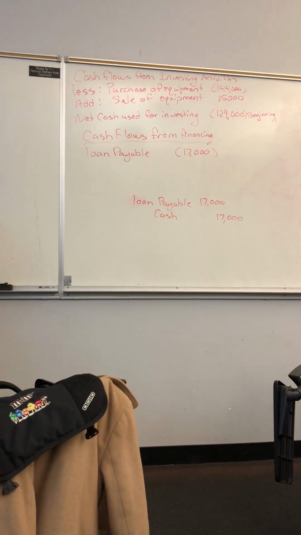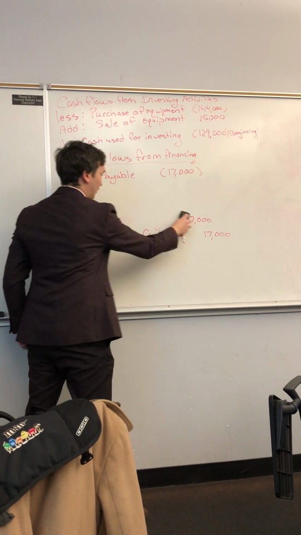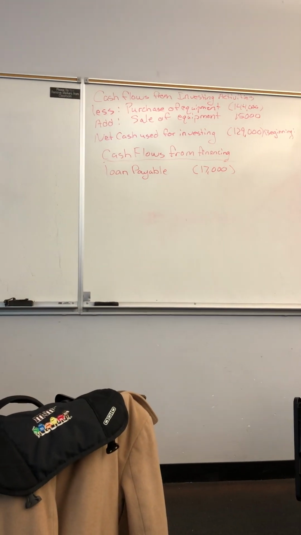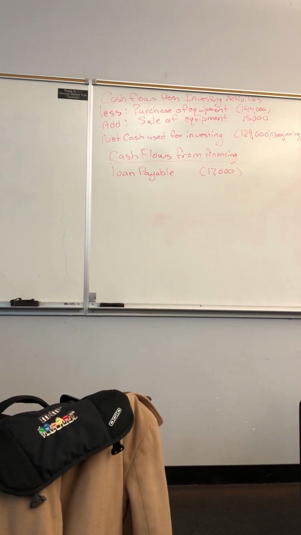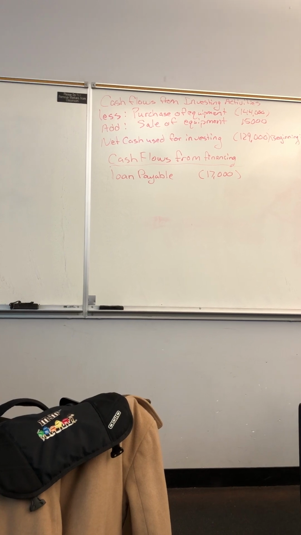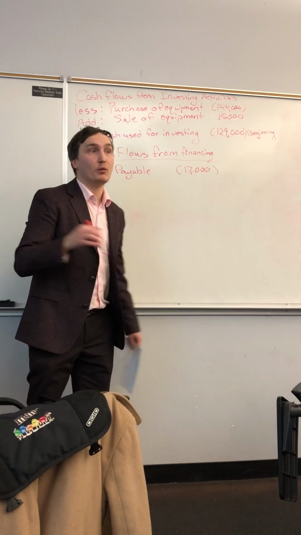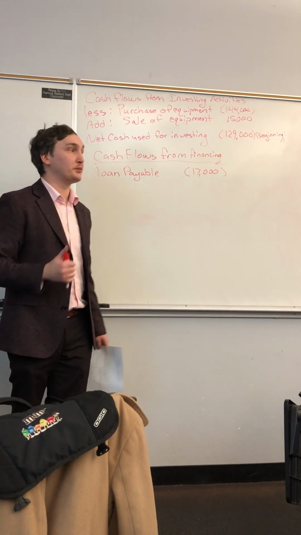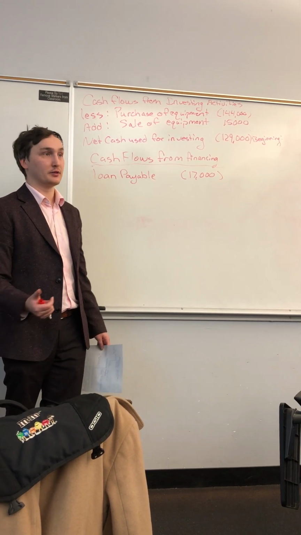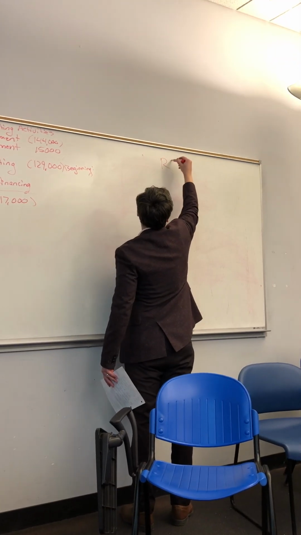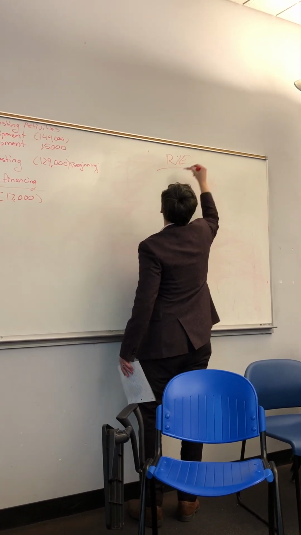Now the fun part starts with the dividends. First off, if we want to determine the amount of dividends paid out, where do dividends get paid out of? Retained earnings. So I'll go retained earnings here.